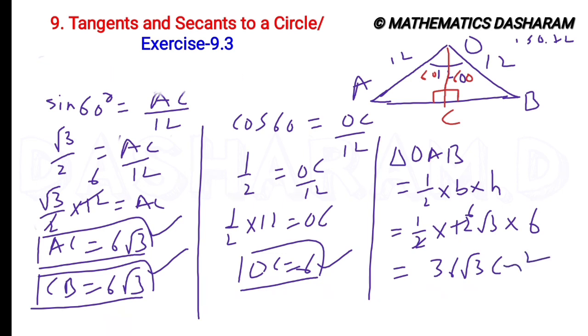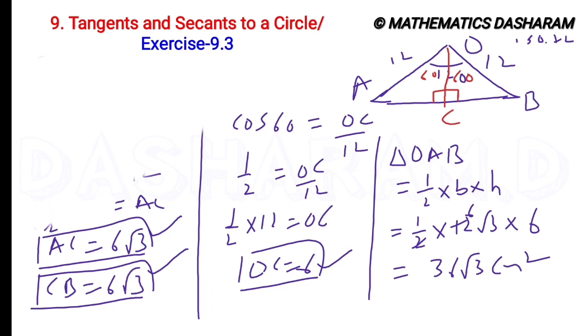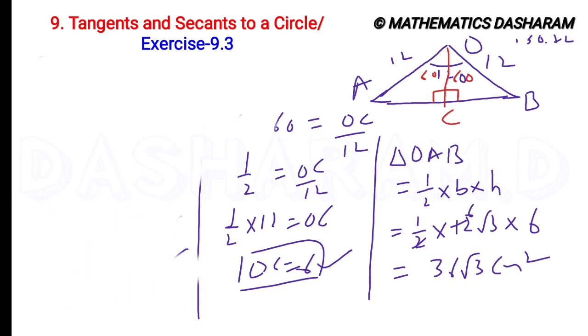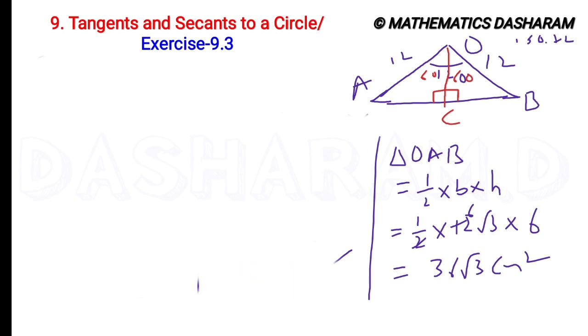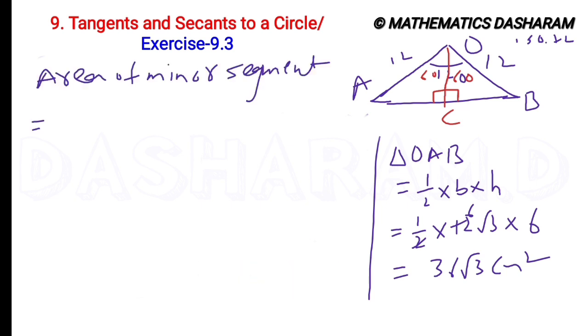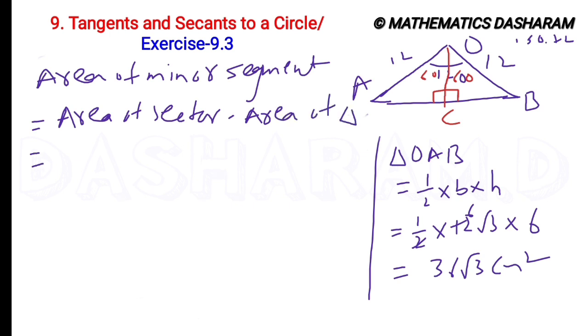So next, find our required answer. What is our required answer? The area of the corresponding minor segment. It is equal to the area of the sector minus the area of the triangle. Area of the sector 150.72 centimeter square minus area of the triangle 36 root 3.